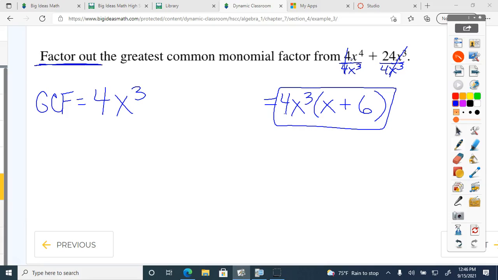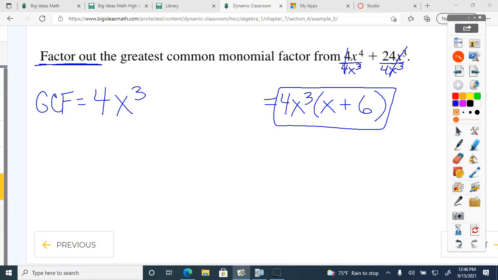Everybody see that? Okay. So how many factors do I have? 2. I have 4x to the 3rd as a factor, and then x plus 6 is a factor. And actually, I have more than that. Sometimes one number can be a factor of something more than once.